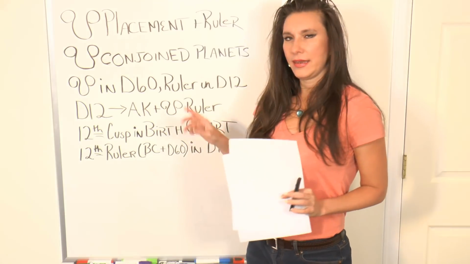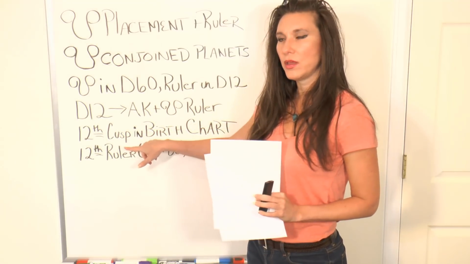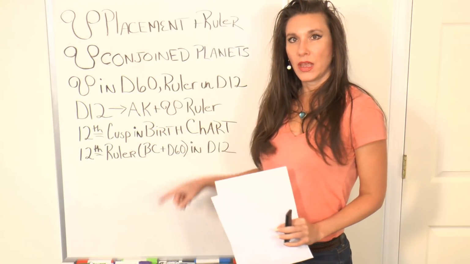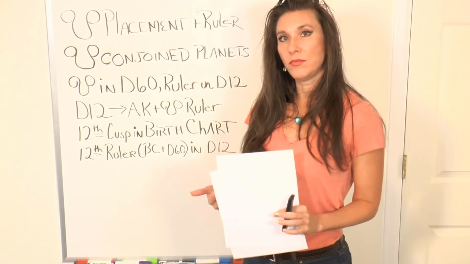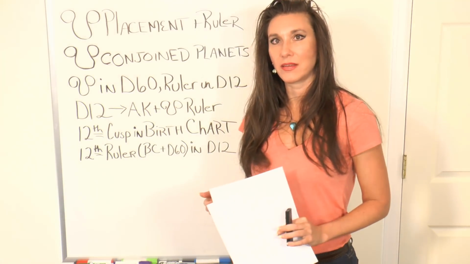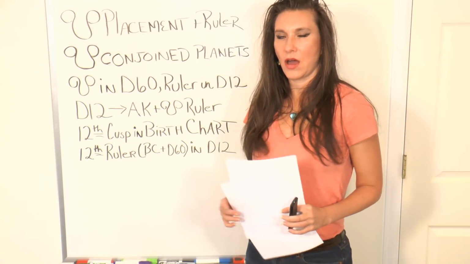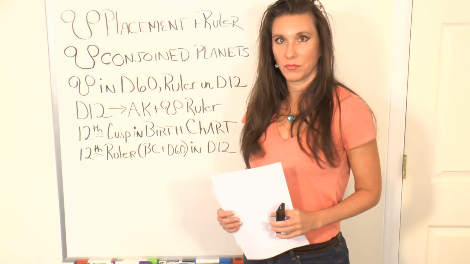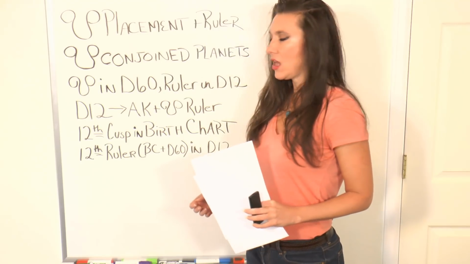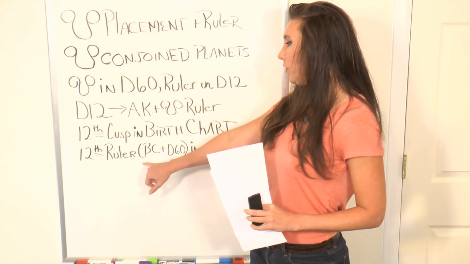And in addition to those things, you're going to look at the 12th house cusp in the birth chart, the sign it's in, and any strong aspects to it. And when I say strong aspects, I mean anything more than 40 points. And that's calculated in most astrology software. And then you're going to look at the 12th house ruler.